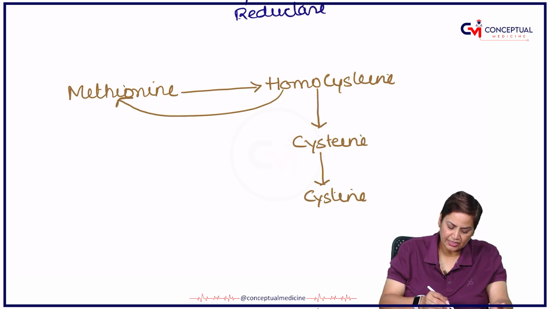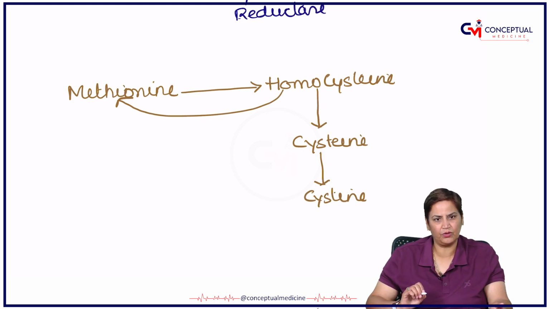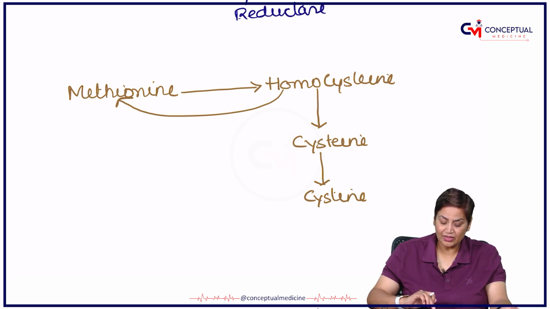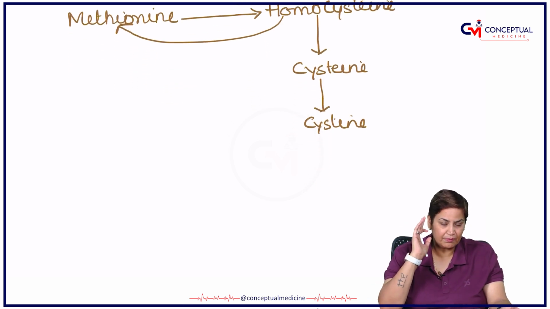And methionine is responsible for transmethylation. Just now I told you epinephrine is produced, choline is produced, so many other compounds are produced with the help of methionine, and the most important one is creatine. Creatine, which is the energy reservoir of the muscles, this is also produced, right? So this is about the metabolism of methionine.